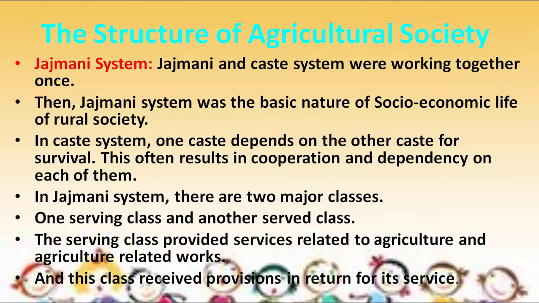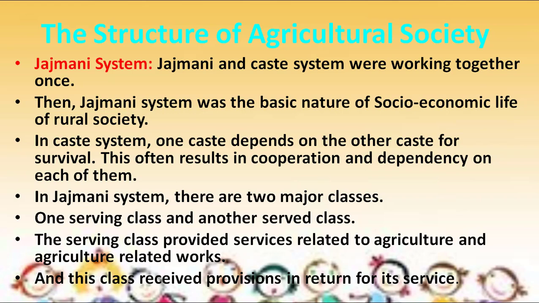Let's come to the Jajmani system first. What is the Jajmani system and how did it come into existence? Jajmani and caste system were once working together. The Jajmani system was the basic nature of socio-economic life of rural society. In the caste system, one caste depends on another caste for survival.